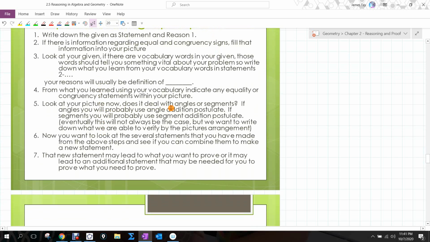But it says look at the shapes that you're dealing with. If it's angles, then you instantly want to start thinking about angle addition. If they're segments, you want to think about segment addition. Eventually, if they're triangles, we're going to try to prove triangles congruent. So, that'll be chapter 4, and I'll open your eyes to that when we get there. But right now, the main 2 tasks that we will be working with are angle addition and segment addition.